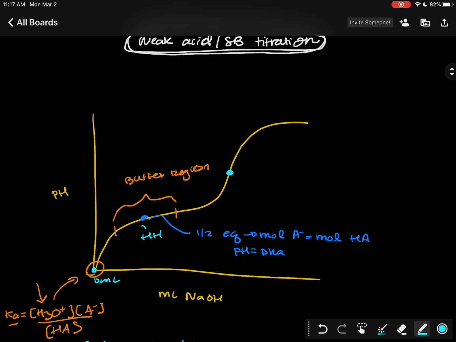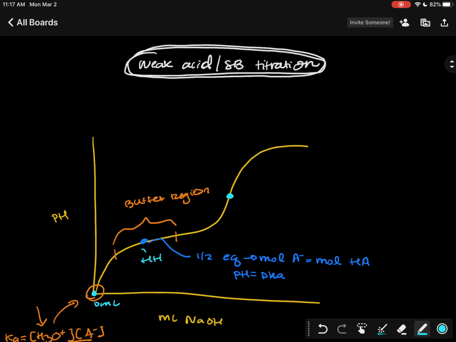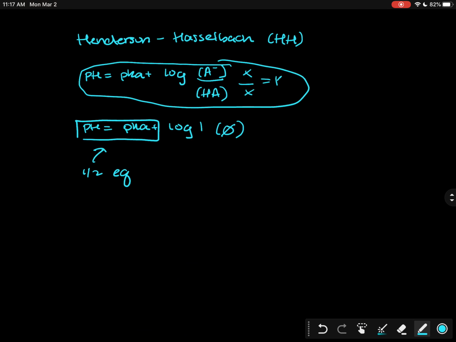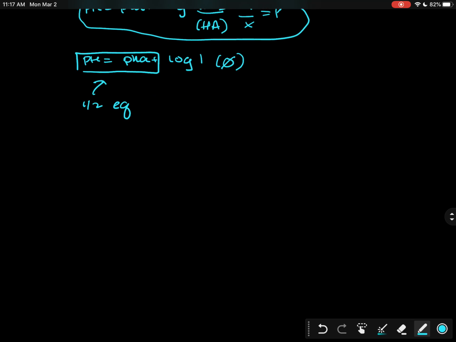So what about at the equivalence point? We know that with a weak acid and strong base, it's not as simple as a pH of 7 at the equivalence point, so how do we find our pH there? This is going to involve a few more steps. Let's say we have HA plus NaOH giving A minus.